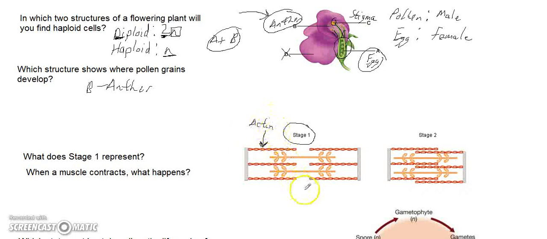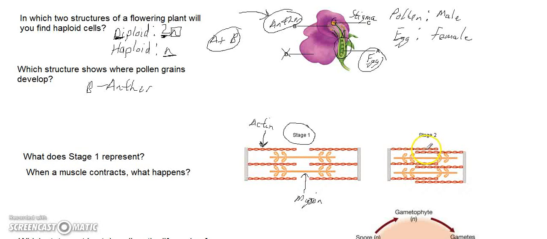Remember, that's the actin, and then this bigger, thicker one in the middle is the myosin. The actin in stage 1, they're not overlapping at all. And we notice in stage 2, they get pulled a lot closer together, so they are overlapping.